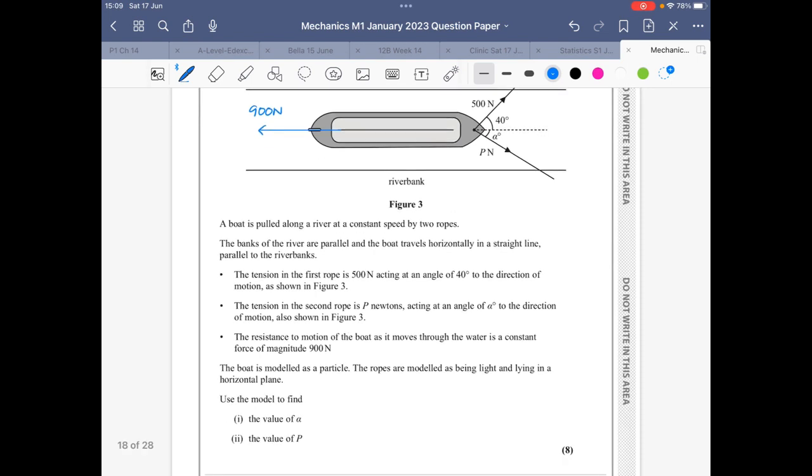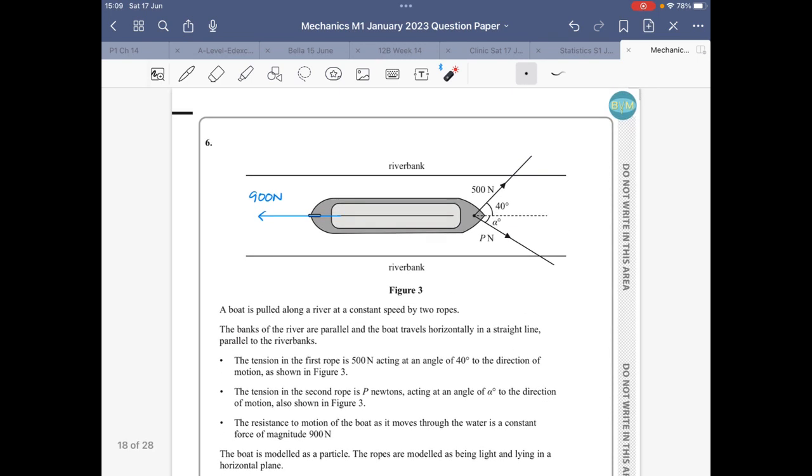The boat is modeled as a particle, the ropes are modeled as being light and inextensible, we need to find the value of alpha, the value of P, and it's 8 marks, the whole question. So we are going to resolve forces, these two forces, in this direction, which is the direction of the motion, and the perpendicular direction.